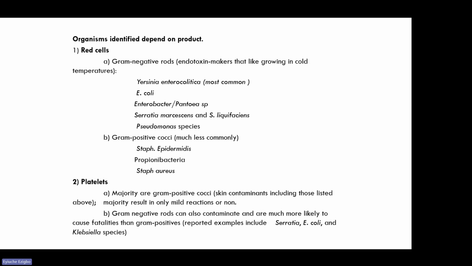Then for platelets, the majority are gram-positive cocci, that is skin contaminants, including those listed above. The majority result in only mild reactions or none. We also have gram-negative rods that can also contaminate platelets, and are much more likely to cause fatalities than gram positives.